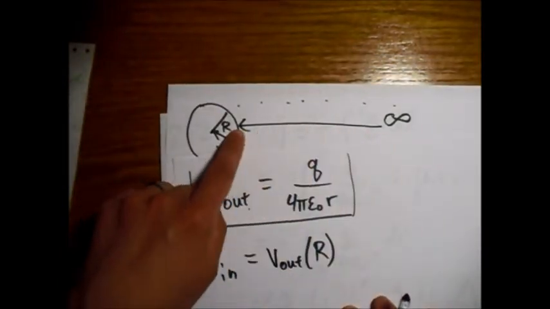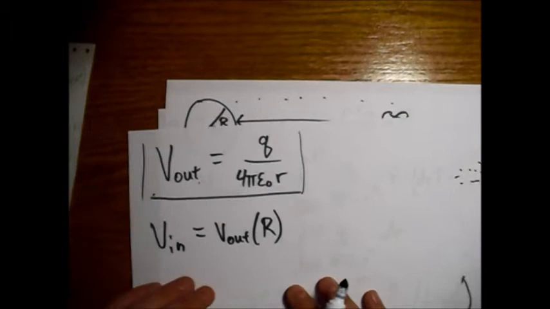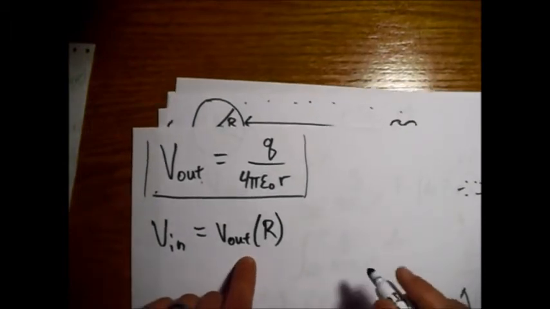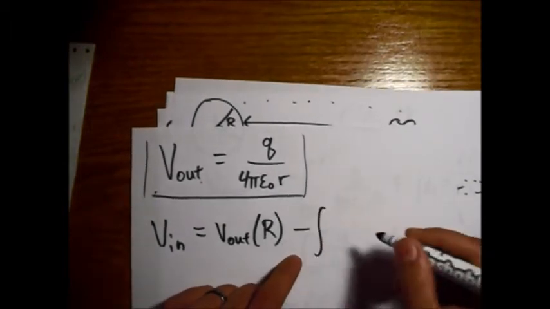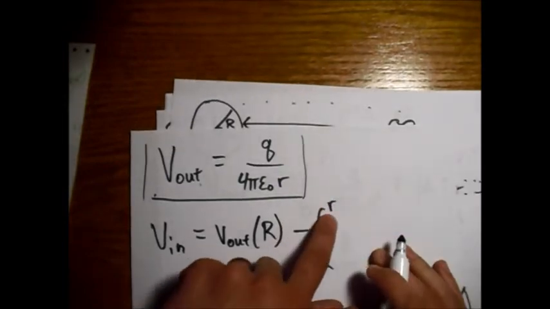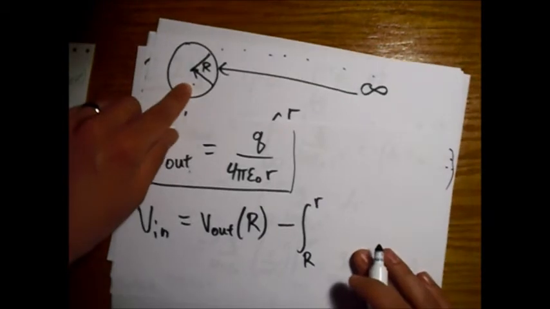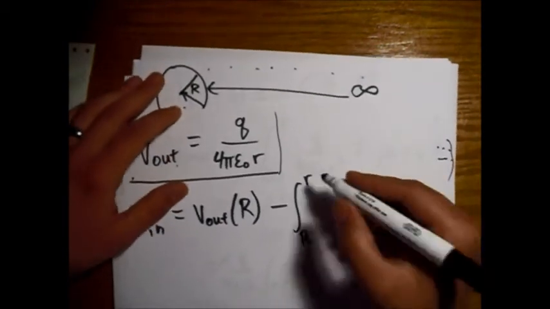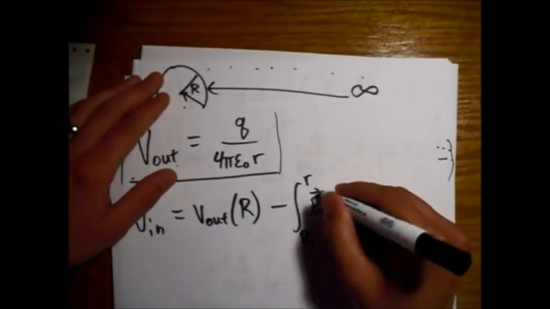Integrate all the way to the radius, and then we add that on to what we integrate inside. So here's that, and now we'll do our integration from big R into the point inside that we want. Okay, and then we have our E dot dl.